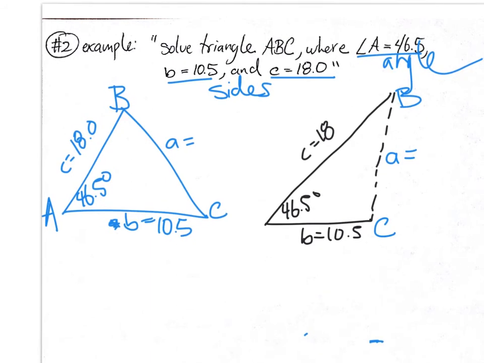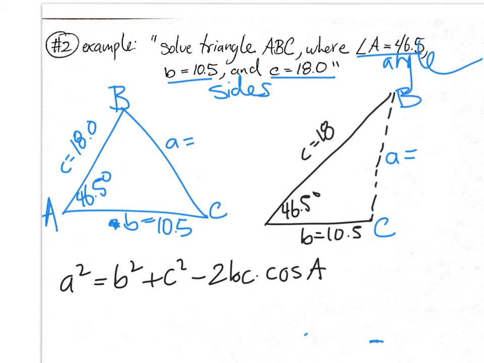How do we plug in? So if we were looking for, let's say, a, we would want to use the equation with the a squared on the left-hand side, so that that is our variable. And our equation would look like this, that version of the law of cosines.